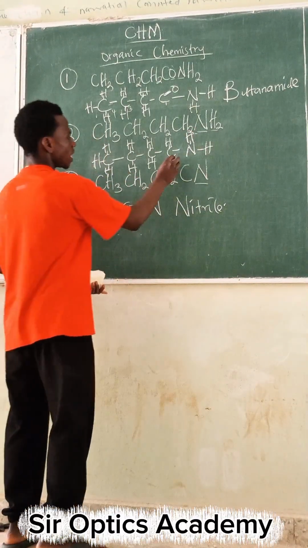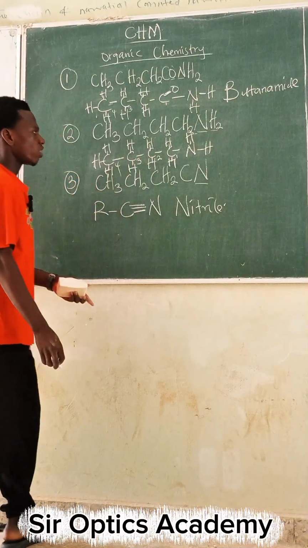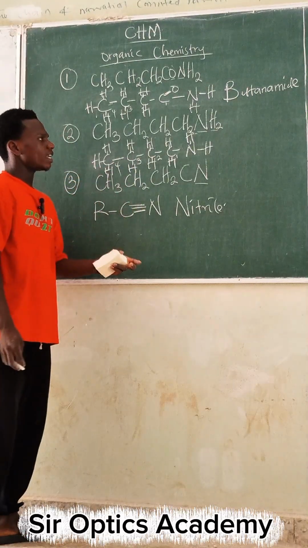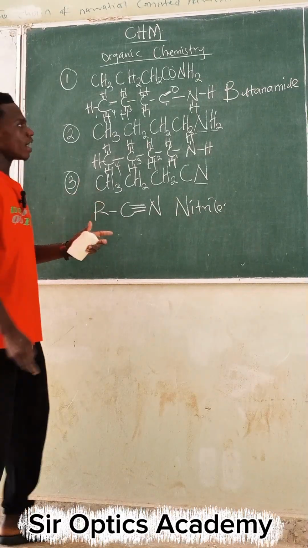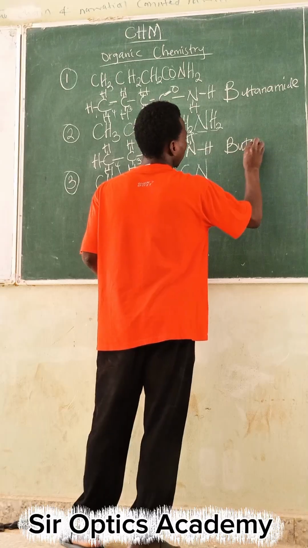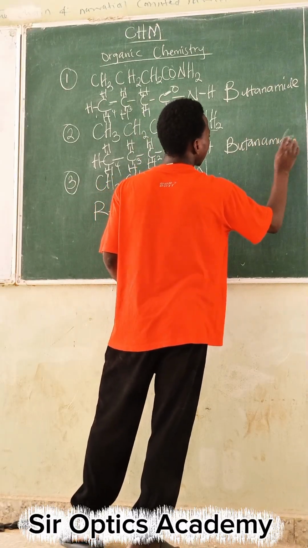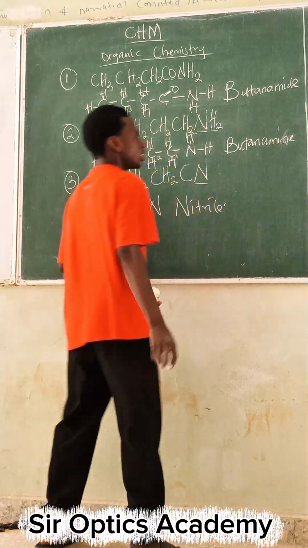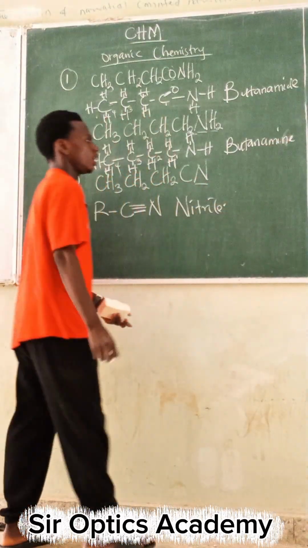You start counting from that carbon that is bonding to the nitrogen atom. So you have four carbon atoms. Now in amine, you strike out the E in the corresponding alkane and add amine. So the name of this compound becomes butanamine. Not butanamide, but butanamine. So this is how you name compounds with the functional group amine.